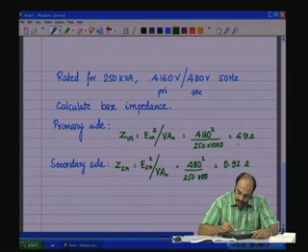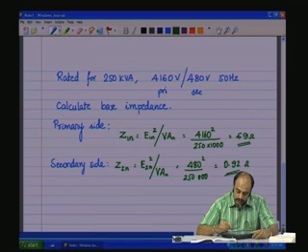So, this becomes the base impedance. Any impedance value divided by the base impedance will give you the per unit impedance.